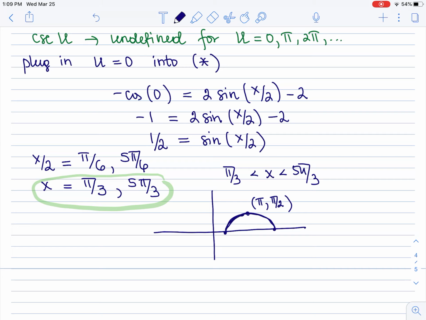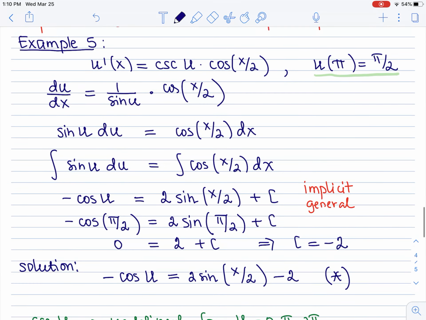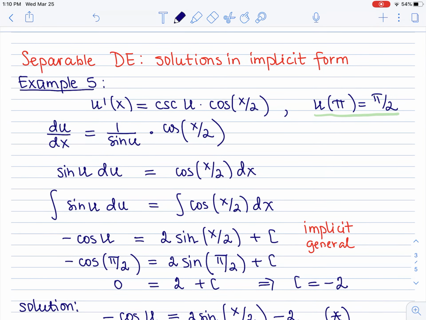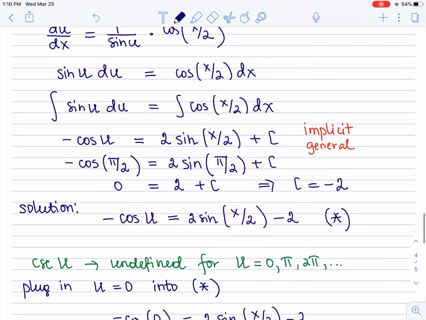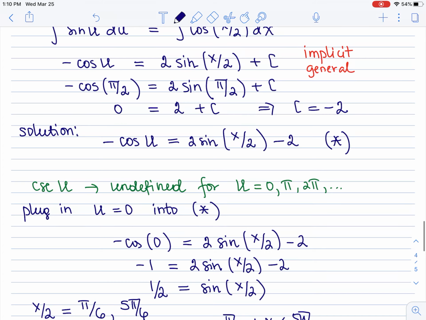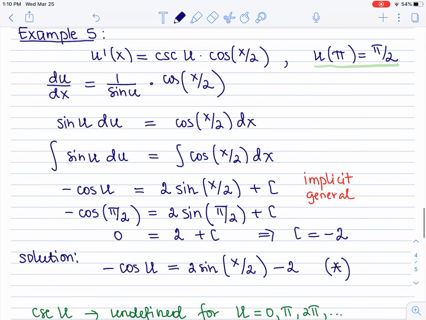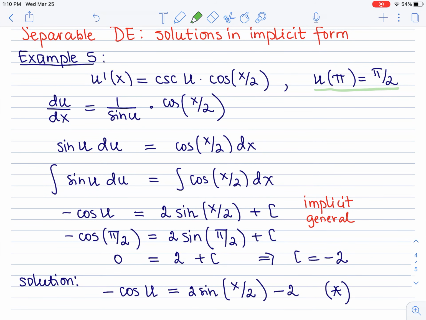Here's another example of an equation where the integration part is simple. We can integrate sine of u easily, and the same for cosine of x over 2. But what can be difficult is picking the right part of this curve that corresponds to the solution of this differential equation. So we have to go back and ask if we have any points of discontinuity.